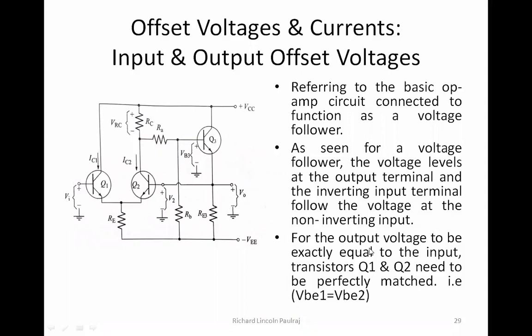For the output voltage to be exactly equal, what we should do is make sure that we have both transistor Q1 and transistor Q2, the voltages between the base and the emitter.